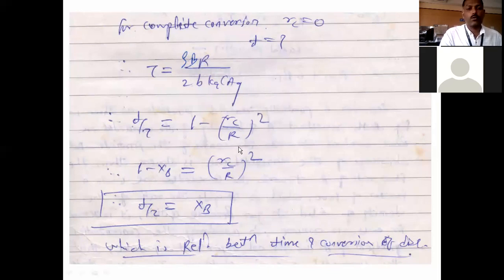So this is the procedure to find out the time and conversion. Any problem may be asked on this, for example, to calculate the complete conversion time of the solid particle, or the time required for changing the size of the particle from 10 mm to 5 mm.